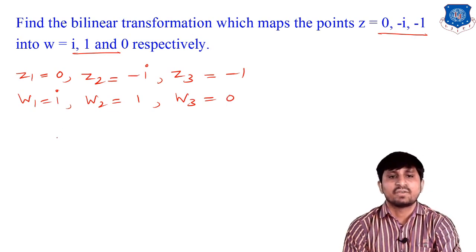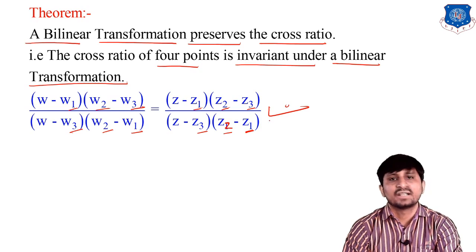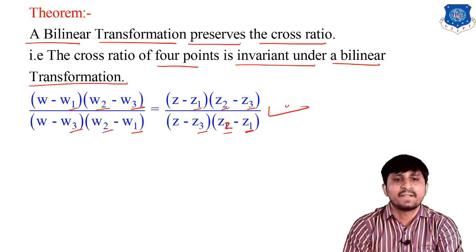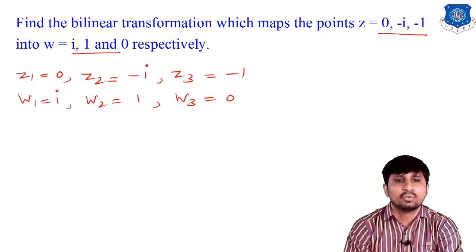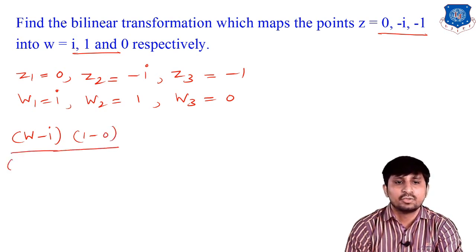So what is my formula? This is the formula that you have to write in each and every example. Here I just put the values directly: w minus w1, so w minus i, then w2 minus w3, so 1 minus 0. In the denominator we have w minus w3, so w minus 0, into w2 minus w1, so 1 minus i.